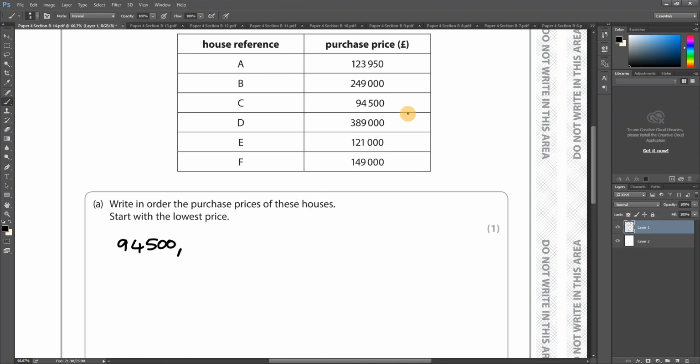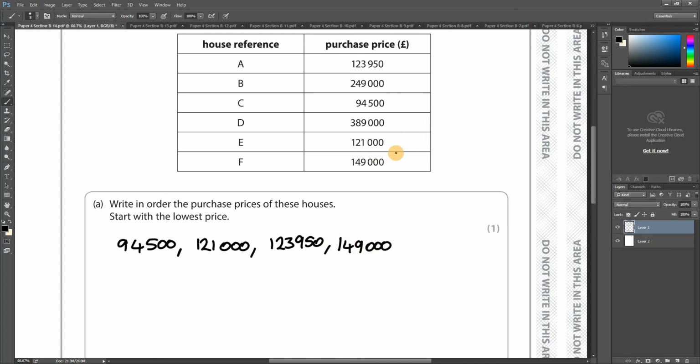That's your lowest one. Then you've got this one right here, 121,000. Then we've got this one, 123,950. Then this one right here, 149,000.